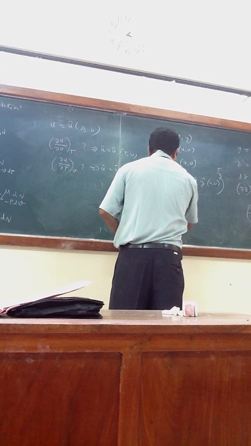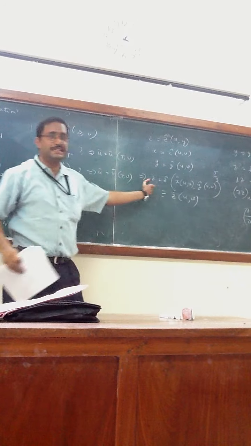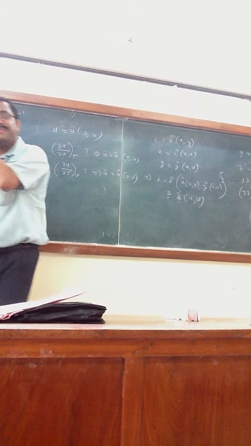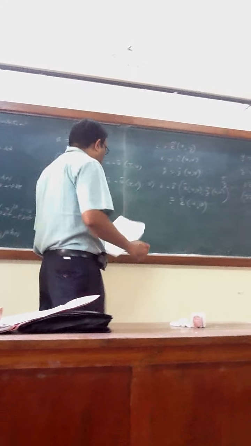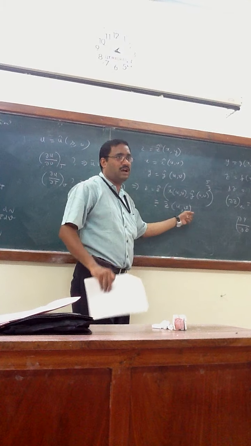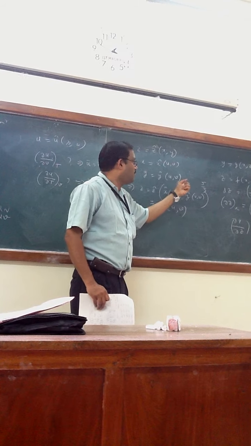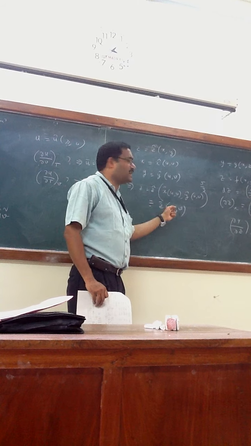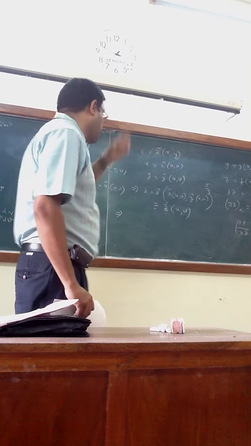I can write this as z bar of u, v. Now you can see z is a function of u, v, but not explicitly, implicitly, because x is a function of u, v, y is a function of u, v, and z is a function of u, v. It's a parametric representation.